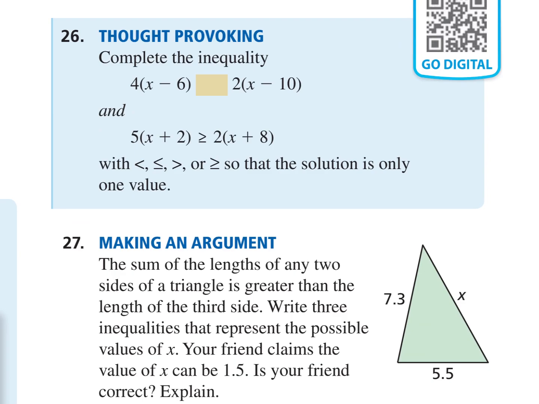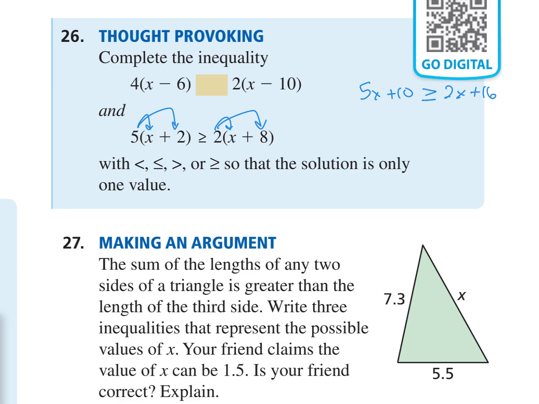Previously, you'd seen me divide by 5 on both sides, but I'm not going to do that here because this 5 would not cancel that 2 and would just make a fraction. And so instead, I'm just going to distribute this 5 and distribute this 2. So we're going to get 5x plus 10 is greater than or equal to 2x plus 16, right?